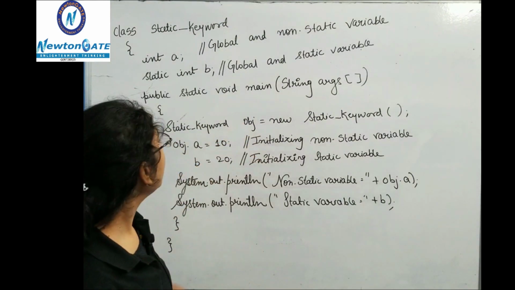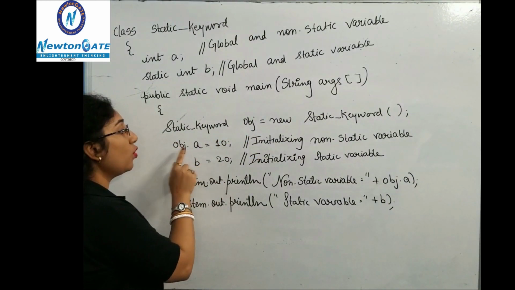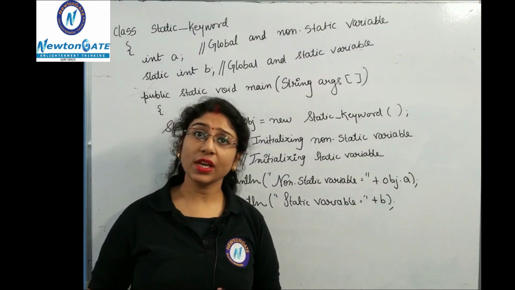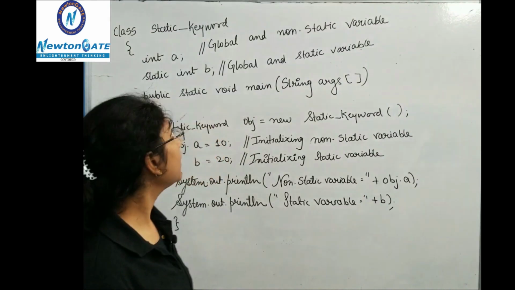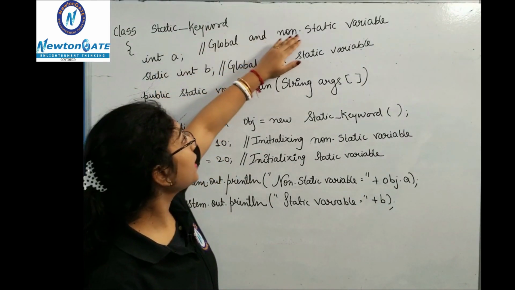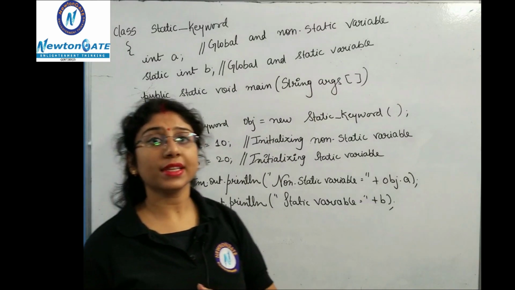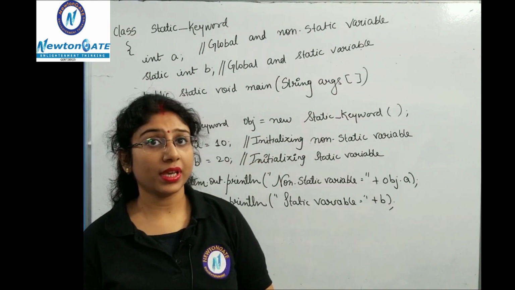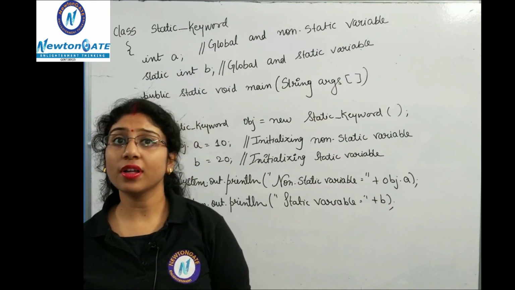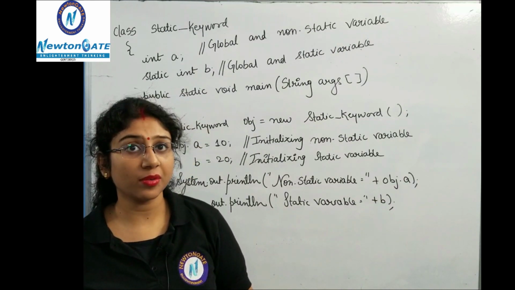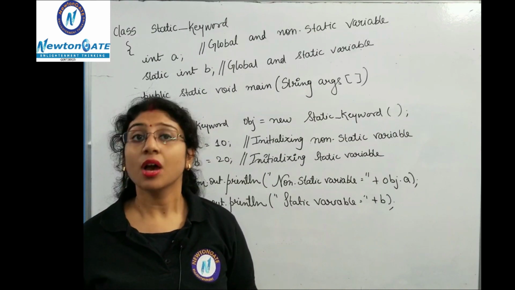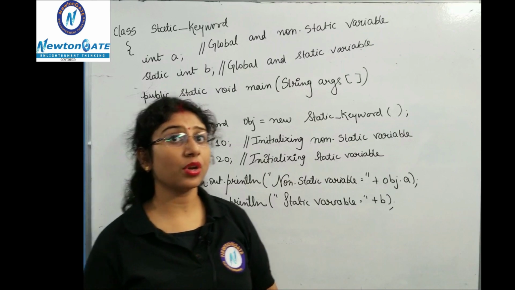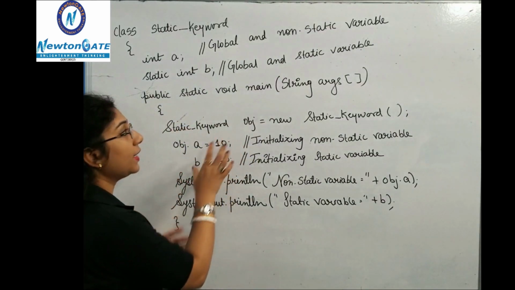Next here I have written obj.a equals 10. Why? As you can see, a is a non-static variable, and for accessing a non-static variable we need an object. The difference between a static variable and a non-static variable is that in case of a static variable I don't need any object. But in case of a non-static variable, I will need an object because I am going to access it inside a static function.